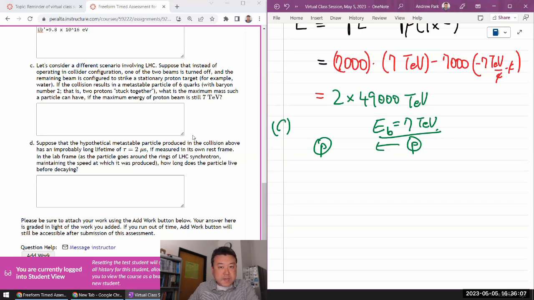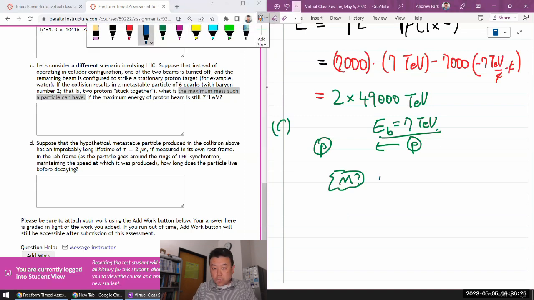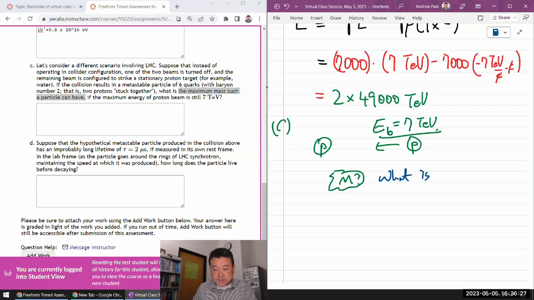The question is: what is the maximum mass such a particle can have? Really, what I'm looking for is, when this collision occurs and there's some colliding thing, what is its mass, and more specifically, what is its invariant mass?